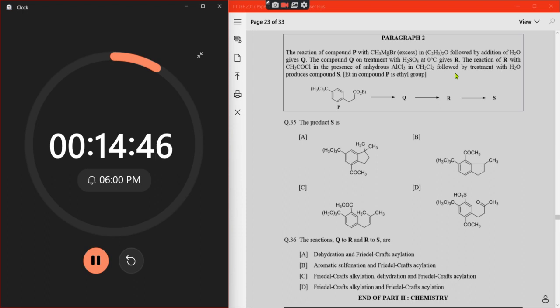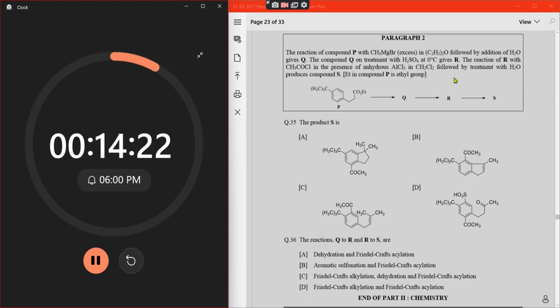Okay, it just forms this thing. So here CH3 thrice, this is the benzene ring. In Q, two Me got attached, OH comes here, then just forming a double bond. After that, oh, this is R.